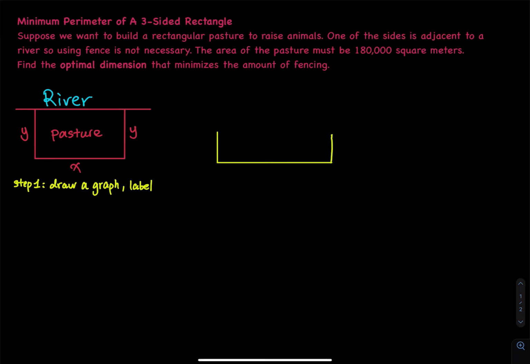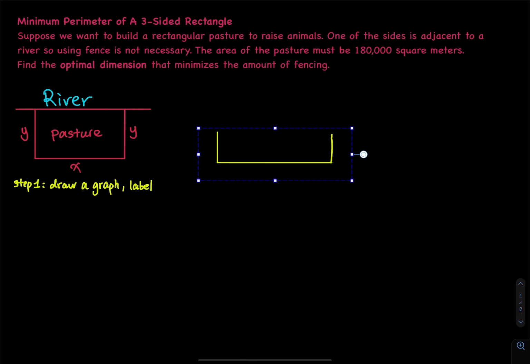Tell me the length and width that minimize the amount of fencing. So what are X and Y that minimize the fencing? Also, when you find the area, X times Y must equal 180,000 square meters. So X equals what and Y equals what, such that the perimeter is minimized and the area equals 180,000.